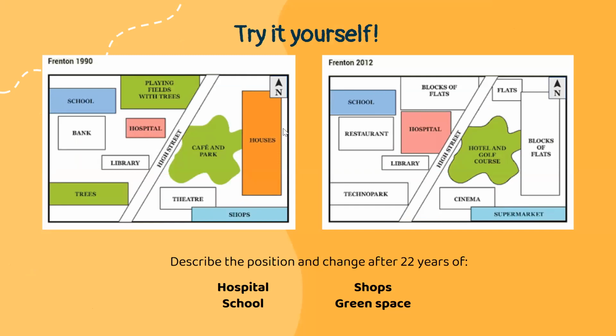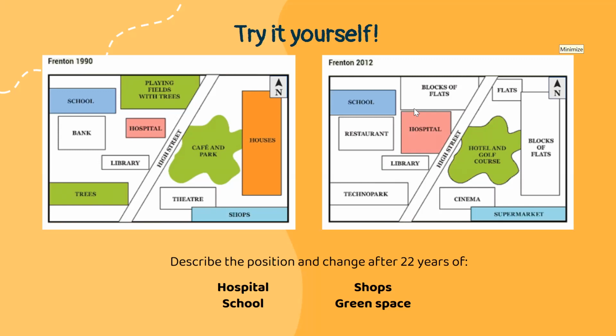Okay. So could you use the words I have just introduced here and describe the position and change after 22 years of these several buildings? We have 4 students currently in the room. So which one of you will select one building and describe its place? Is that okay?